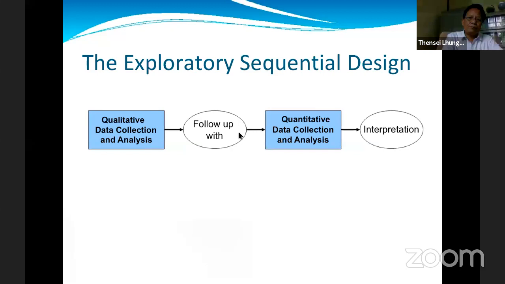From the qualitative analysis, she found out the type of food they are taking and all. Whereas in the quantitative analysis, she found out first of all how many students are affected by micronutrient malnutrition.